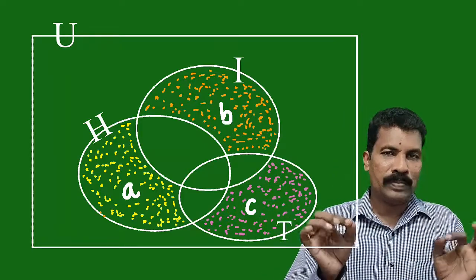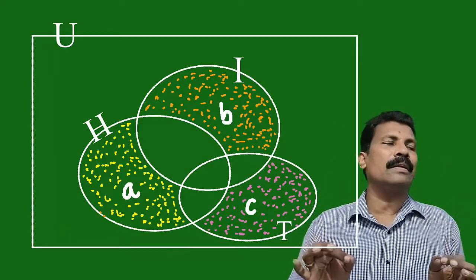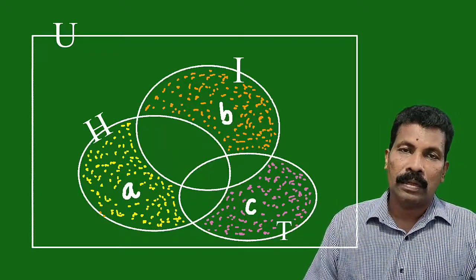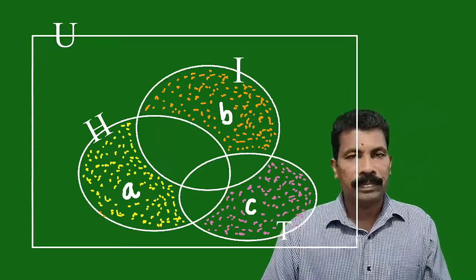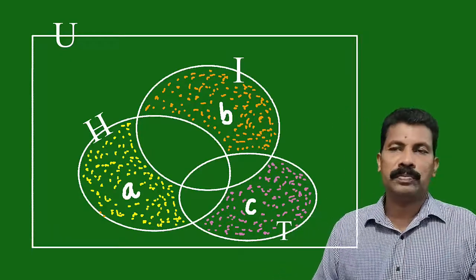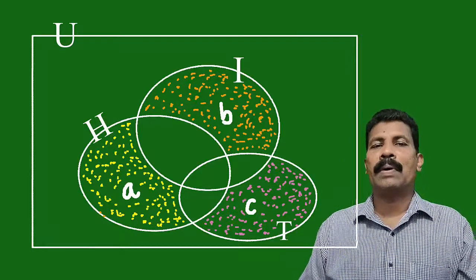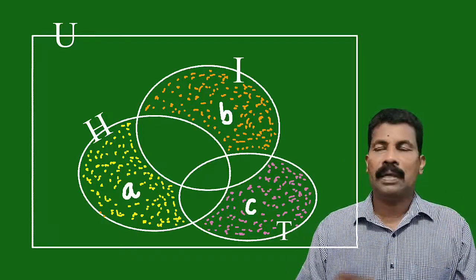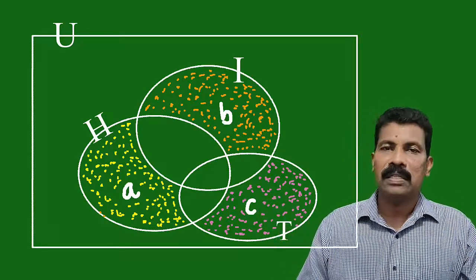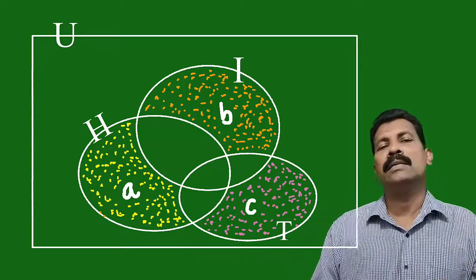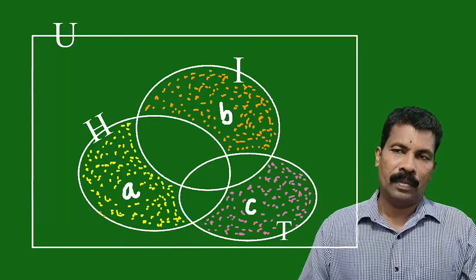A means the people who read the newspaper H only. They will not read any other newspaper. Similarly, small b means those people who read newspaper I only. They will not read any other newspaper. Similarly, C stands for the number of people who read the newspaper T only.